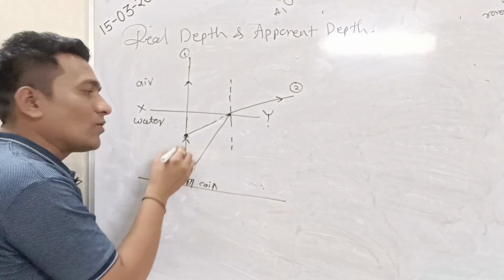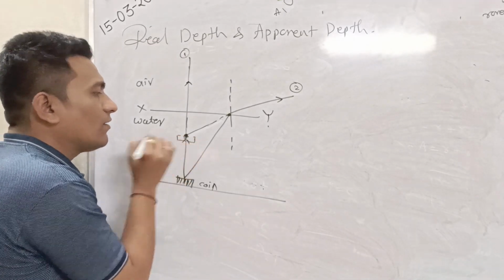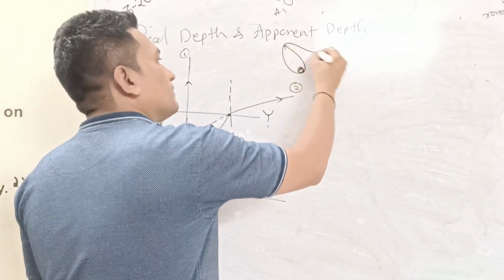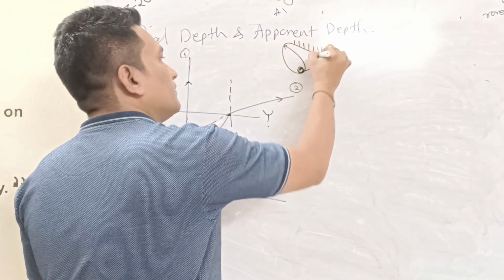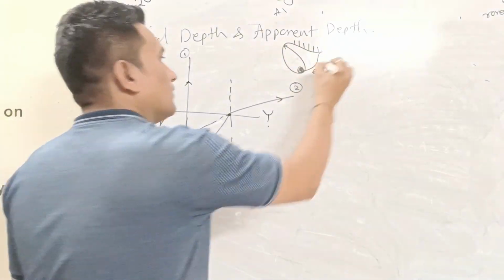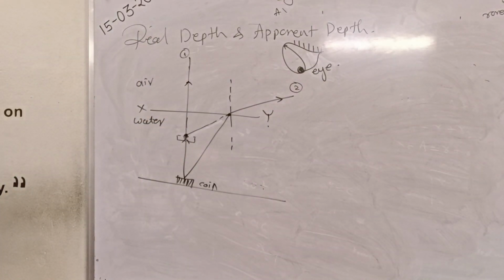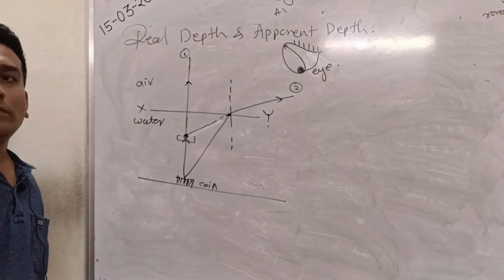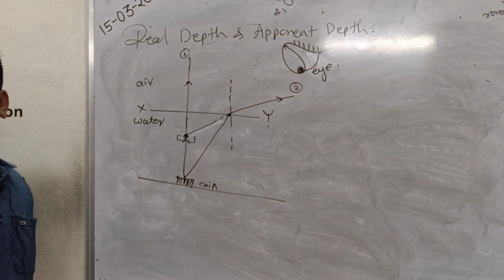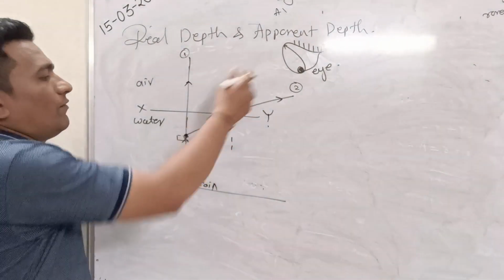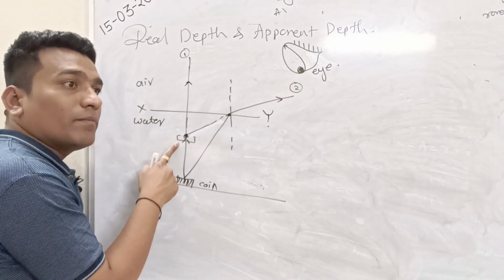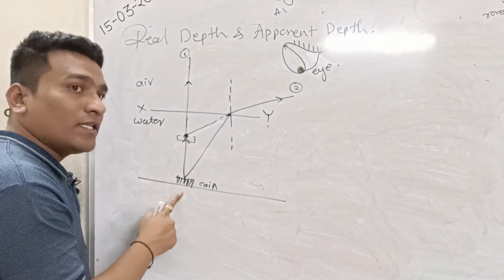So that is the point where the image will be formed if we are looking from this side. Understood? So from here we'll be able to see where the coin is. The coin appears here, but actually the real position is here.